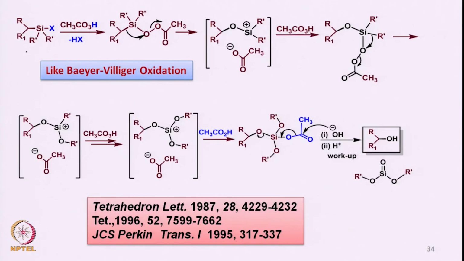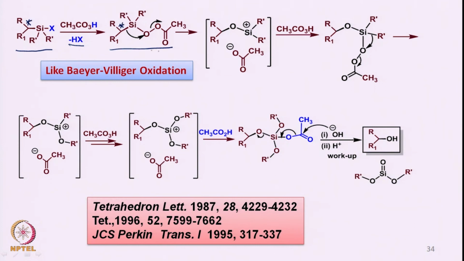Now this is the substrate that we have got that reacts with peracetic acid, where the peracetic acid replaces the X from here, HX is out, and we can get an intermediate of this type which undergoes rearrangement. Now this is the chiral center that we are talking about, the asymmetric center.